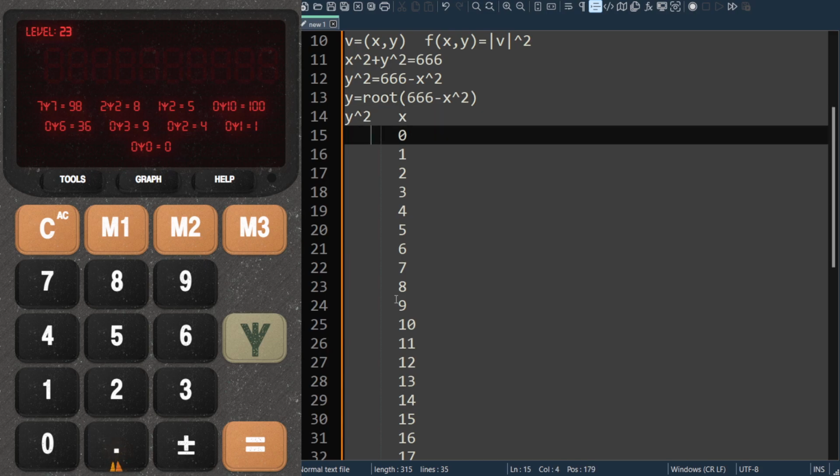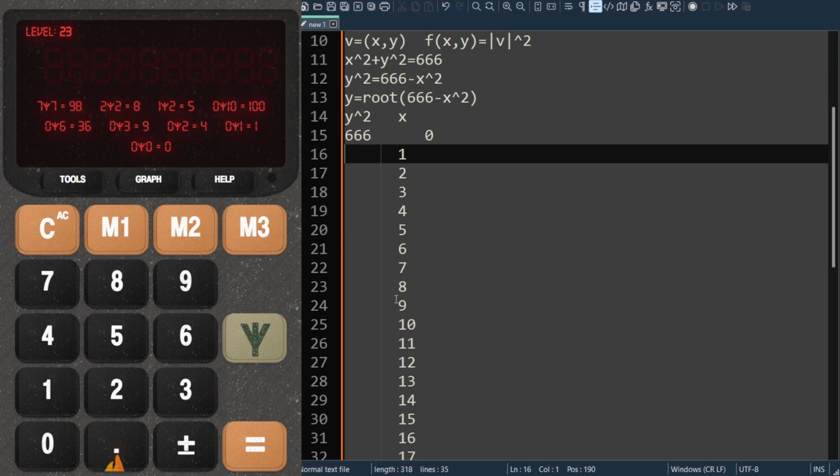If I actually have to think about this a little more, then I will do it when the time comes. So y squared would be 666. This doesn't have a whole number root, so we can ignore that one. Let's go for 665. 625 is 25 squared, but 665 doesn't have a whole number root.